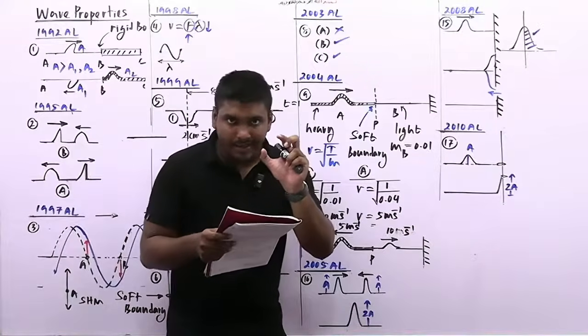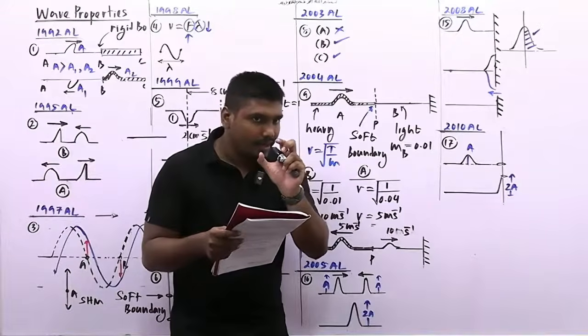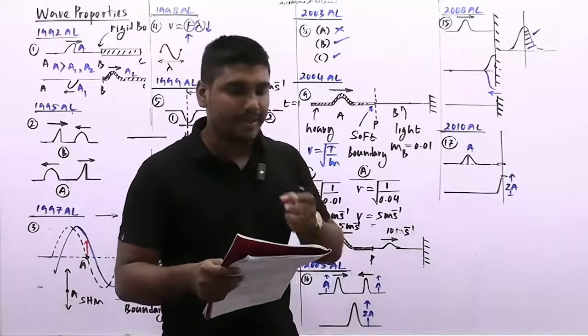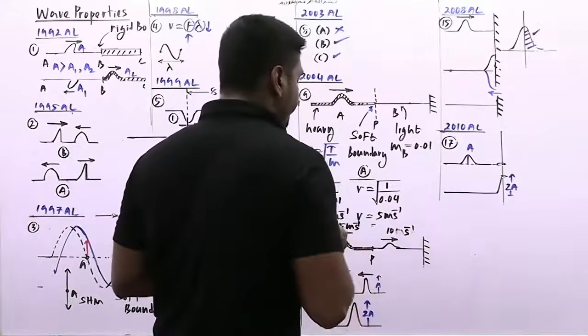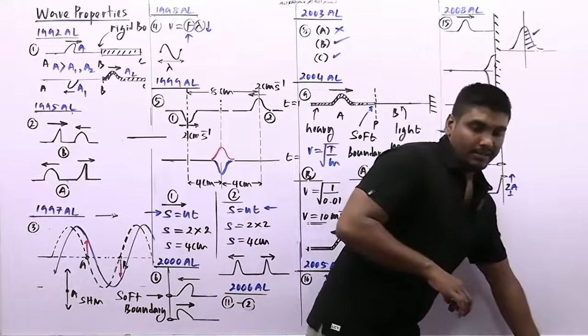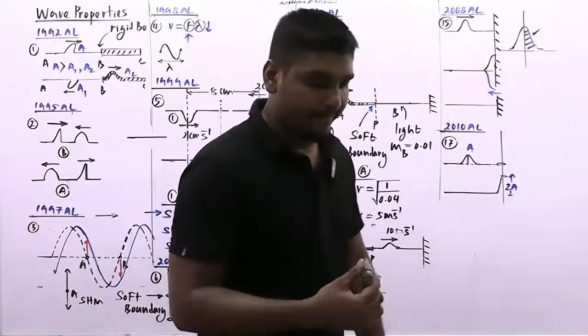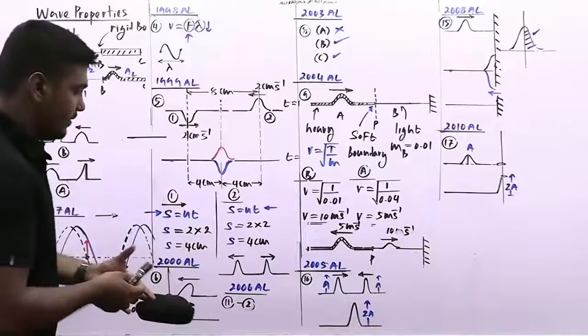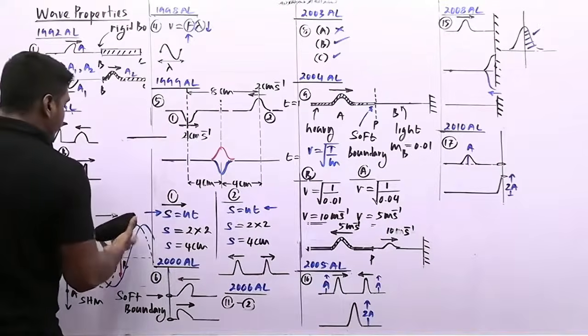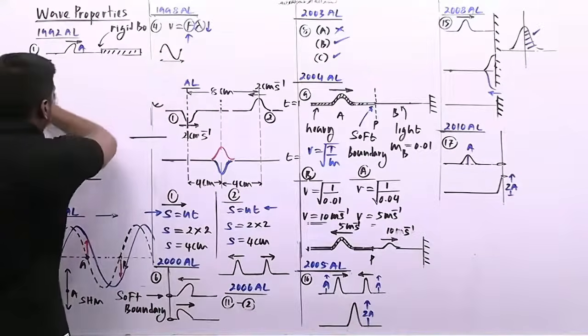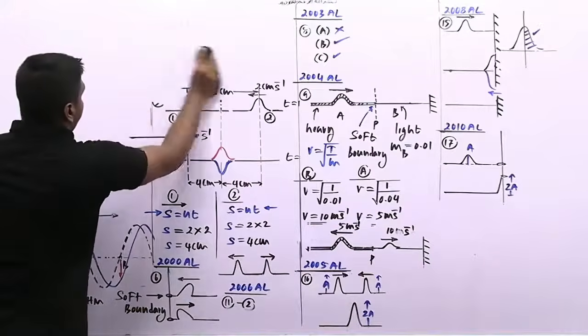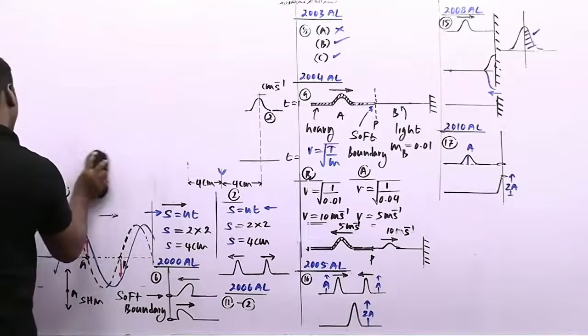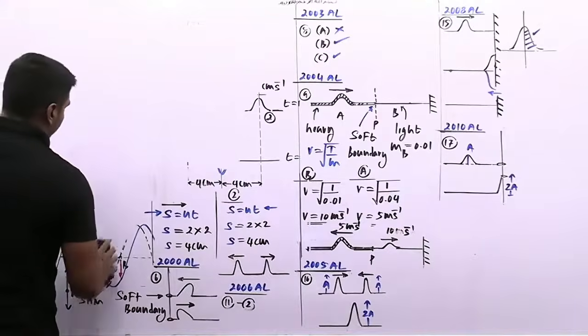This one I will explain properly. Many have a problem regarding these. Instantaneous velocities: if I explain this idea, listen very carefully. Very important question.